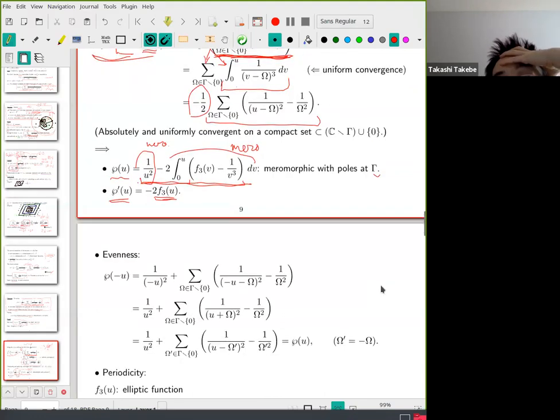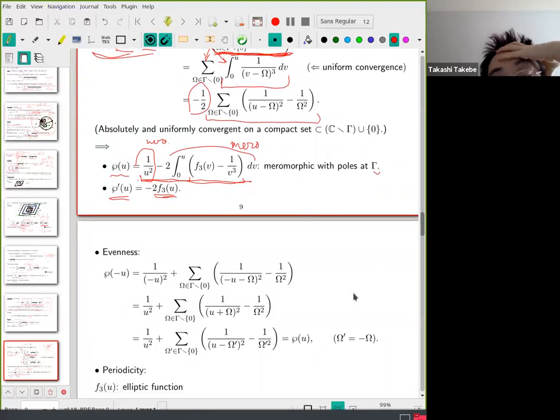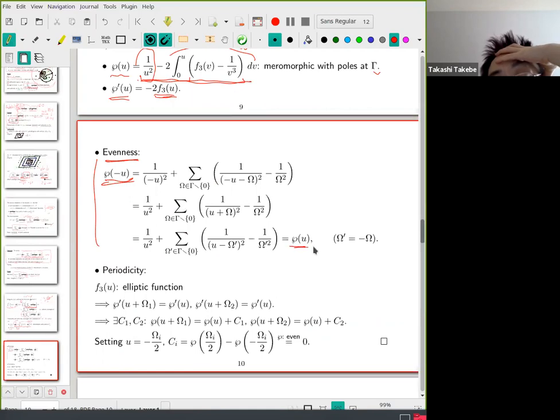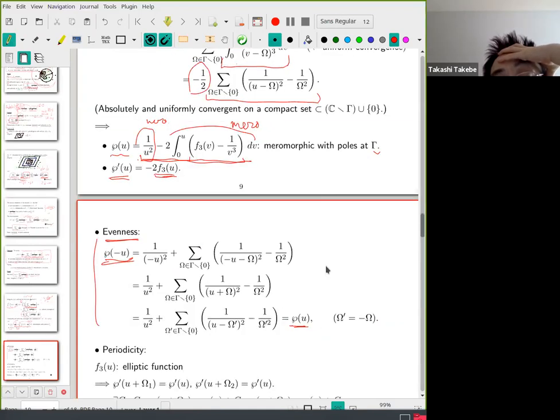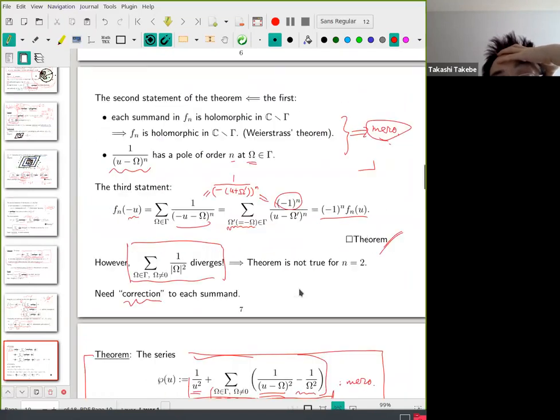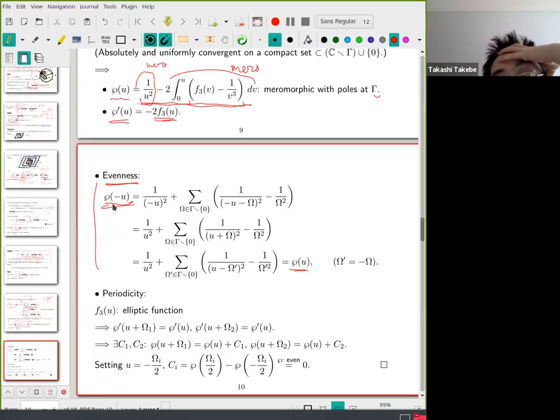So we want periodicity of the function, but before that, first let's prove evenness, parity. Namely, this is equal to this. And this is as easy as the proof of the parity of this series. Just put minus u here. This is the definition.